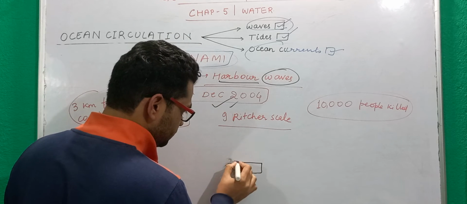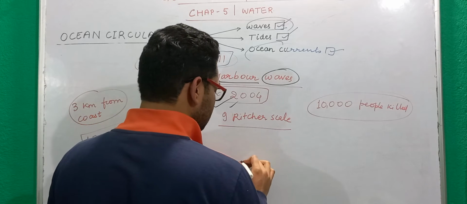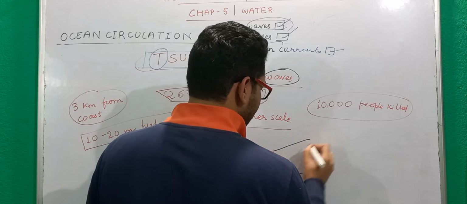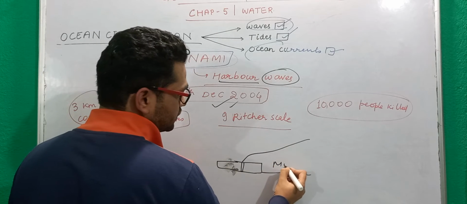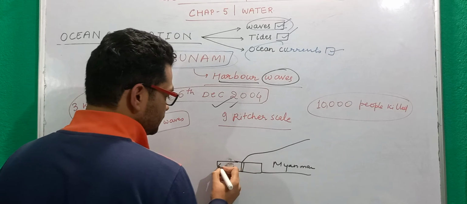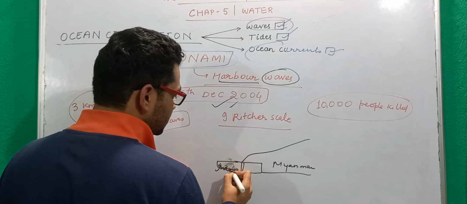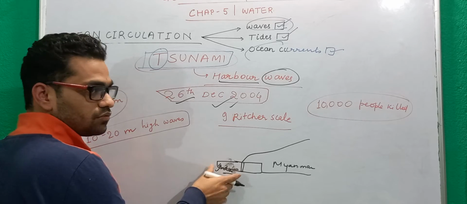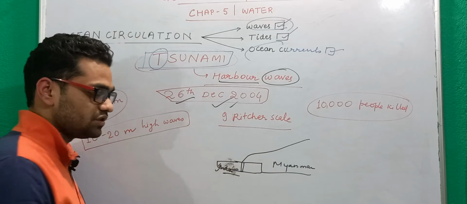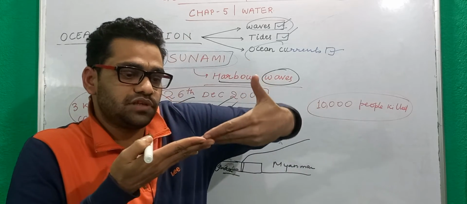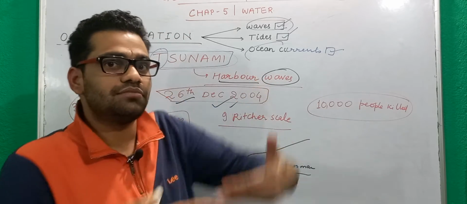Suppose this was the Indian plate and this was the Myanmar plate. What happened on 26 December 2004 was that the Indian plate was subducting beneath the Myanmar plate.